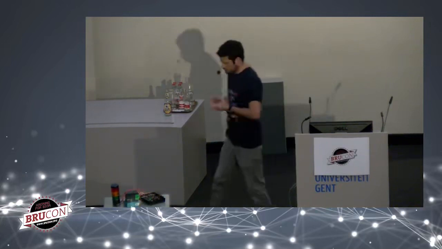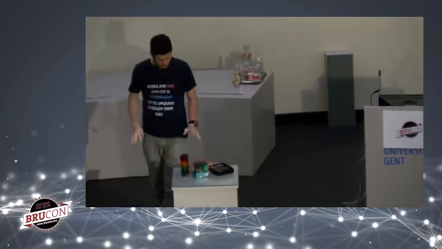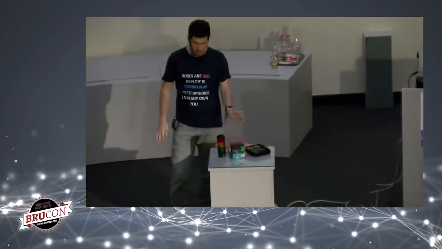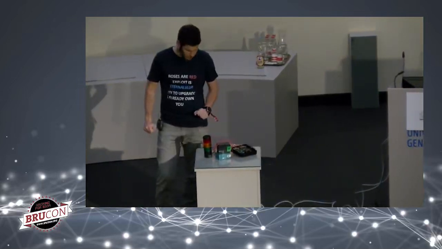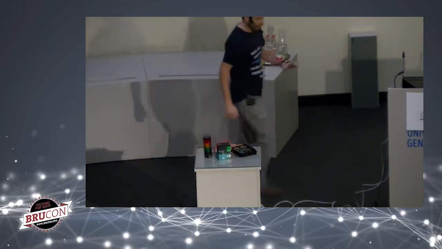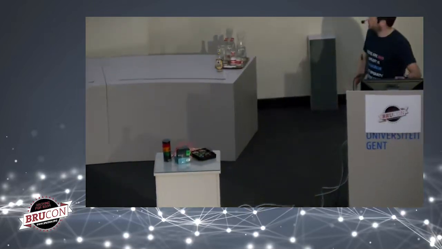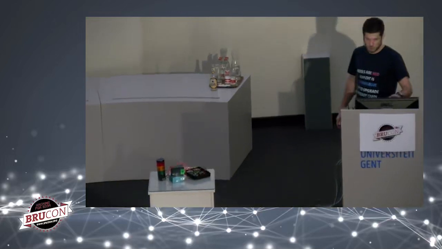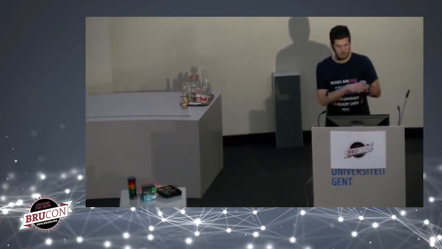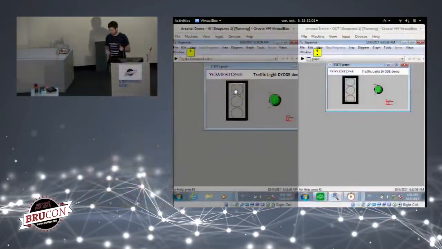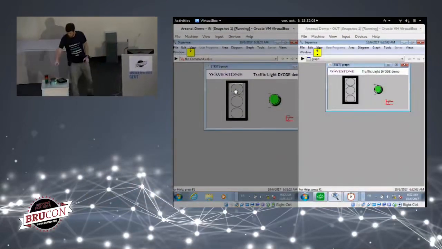Just to explain the setup a bit, here I have a PLC, a Schneider PLC. It's connected to some kind of traffic light. This is managed by a SCADA software that you find on the left side of the screen. And on the right side of the screen, I have the same SCADA software, but it's not connected to the PLC.